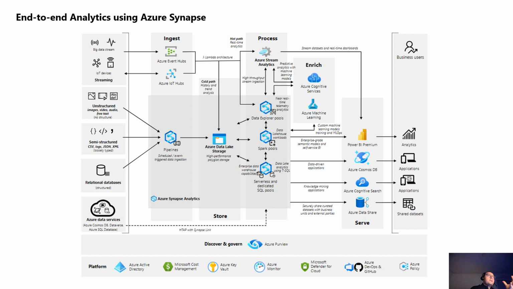The first thing, the same as for relational and unstructured data, is the ingest part, where we can use an Azure Synapse pipeline to pull data from a wide variety of semi-structured data sources, both on-premise and in the cloud.